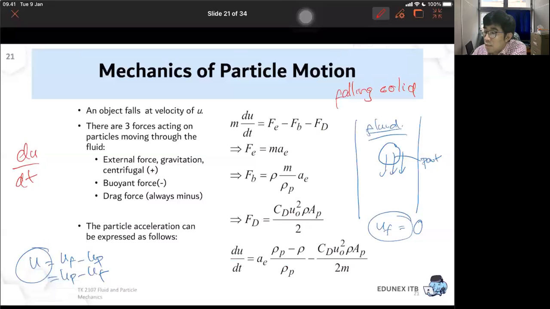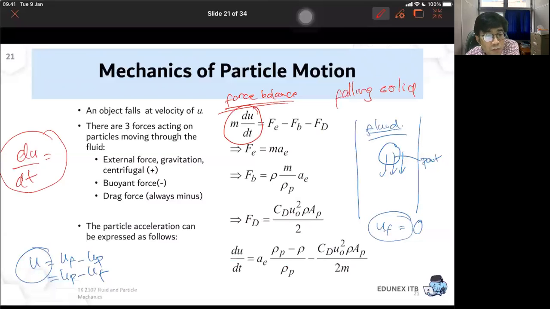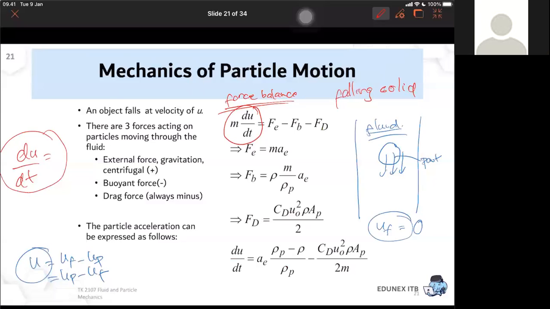And we can derive the force balance. This is the force balance of the falling particles. This is the accumulation term, mass times du over dt. What is du over dt, the change of velocity over time? Acceleration, sir. Correct, this is the acceleration.